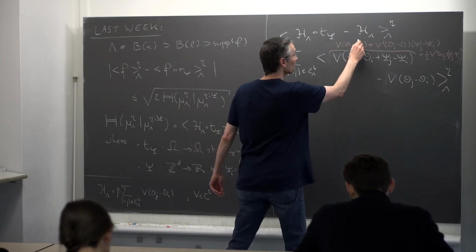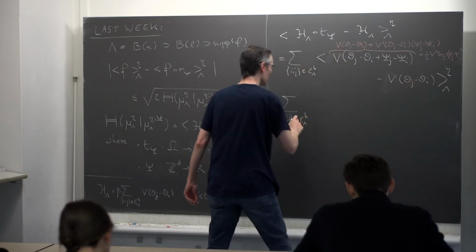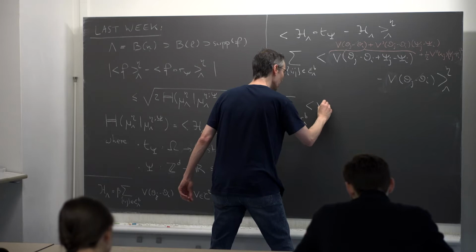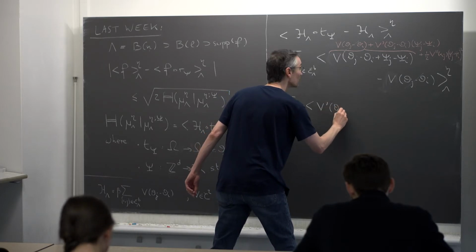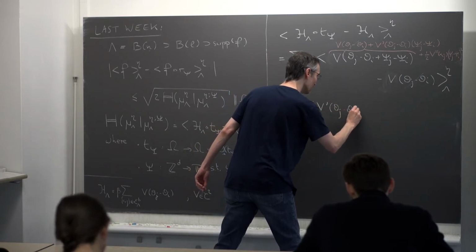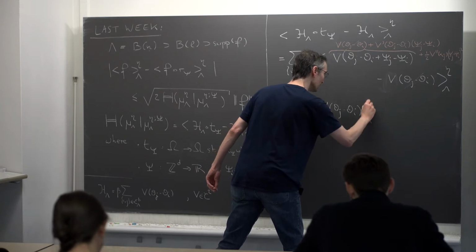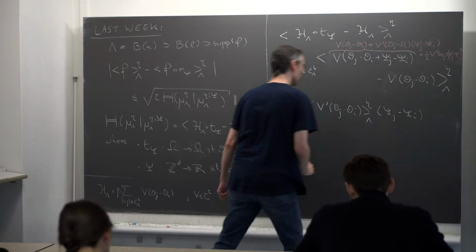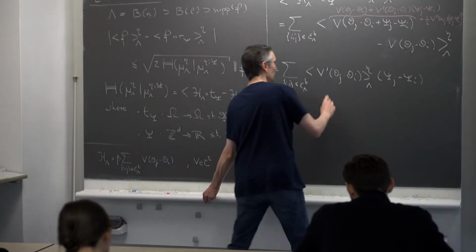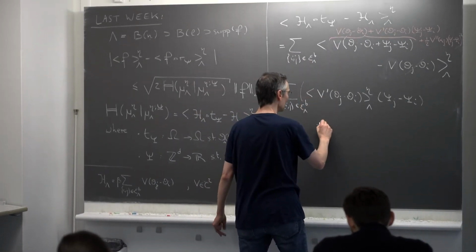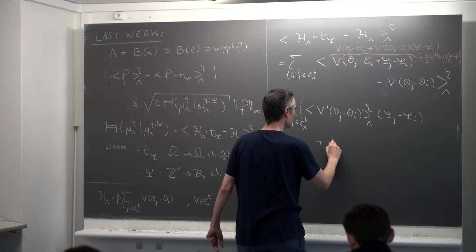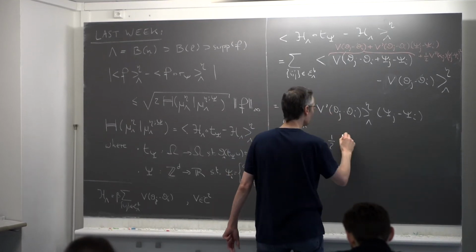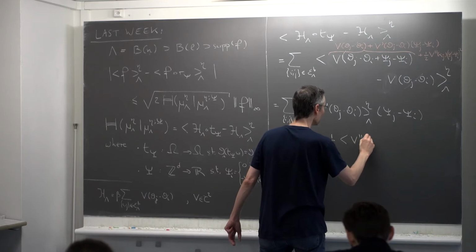And then, so this v cancels with this v. So what remains is the expected value of v prime theta j minus theta I lambda eta times psi j minus psi I. That's for the first order term. Plus 1/2 expected value of v second of theta j.